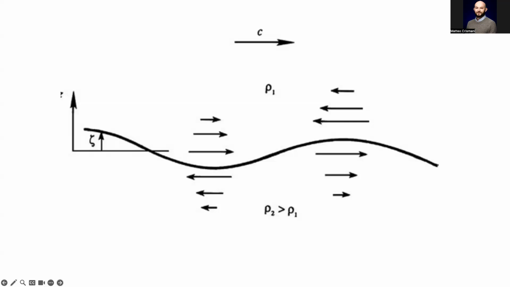Okay, so this allows us to write something really nice. You're familiar with this? What's that? Density. Volume.